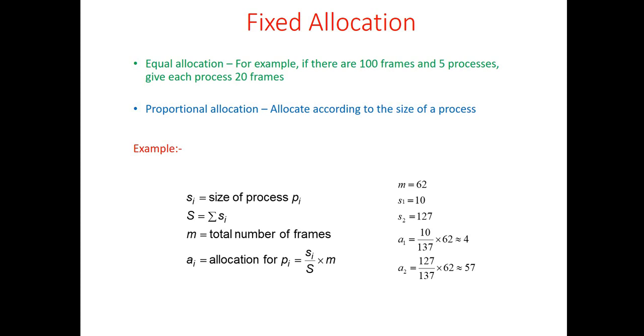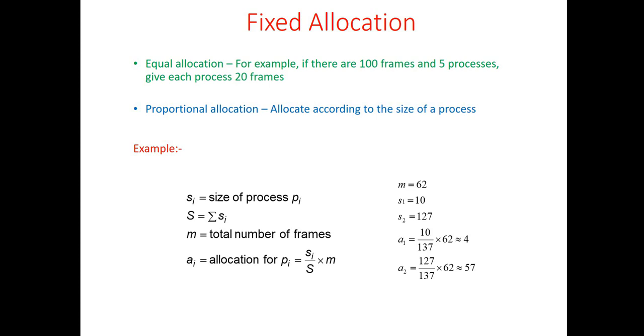Under proportional allocation, each process will get a certain number of frames based on its size. For example, Pi is the number of processes available in the system and si is the size of the process Pi. Capital S is equal to the sum of the sizes of each process.